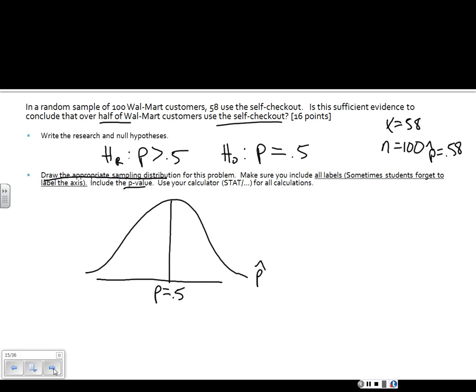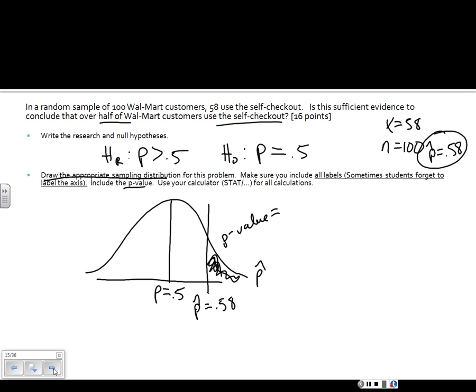Then we have the statistic that we computed from the data, and you're just going to locate it on this sampling distribution. And the p-value is just the area in this tail.